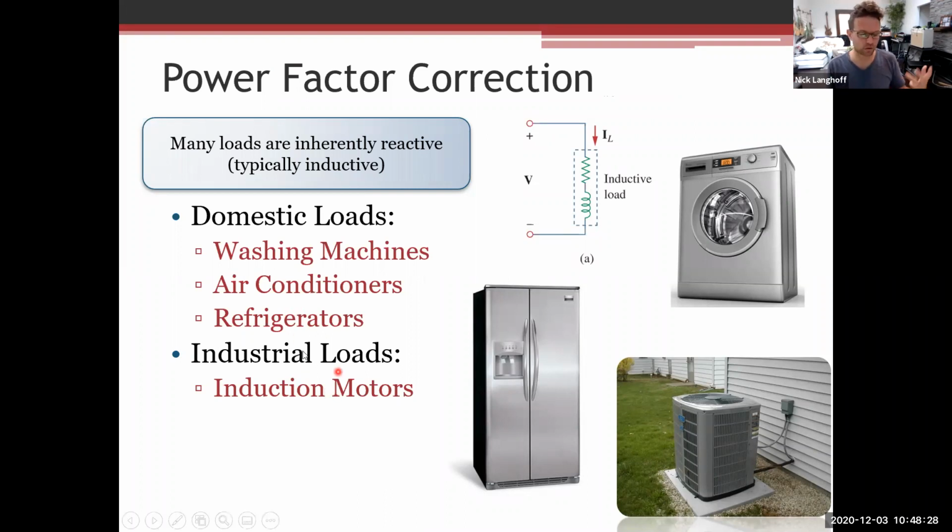In industrial loads, you'll see induction motors. Or in a Tesla car, for example, or any kind of electric vehicle, those are powered with electrical motors, and all of those are done with windings, right?